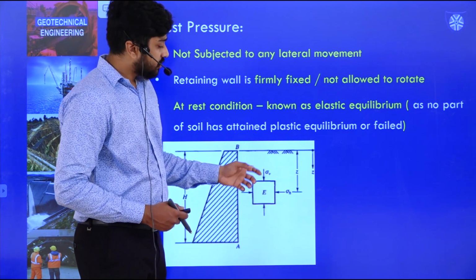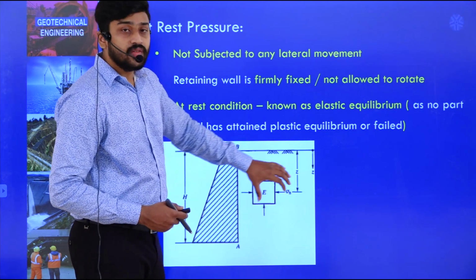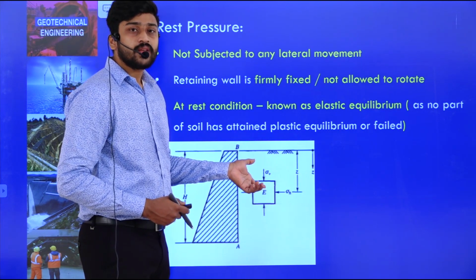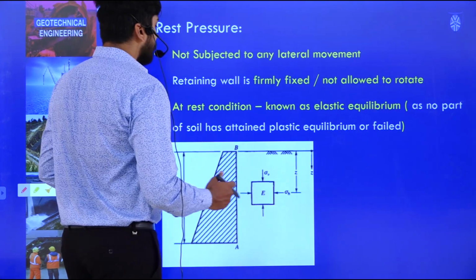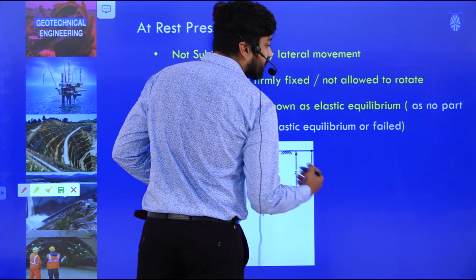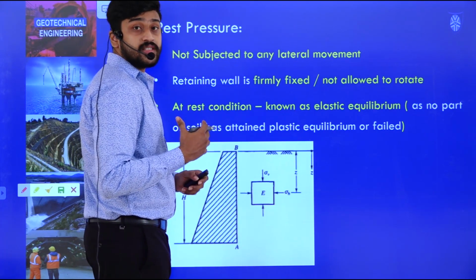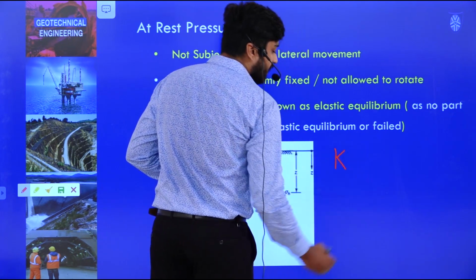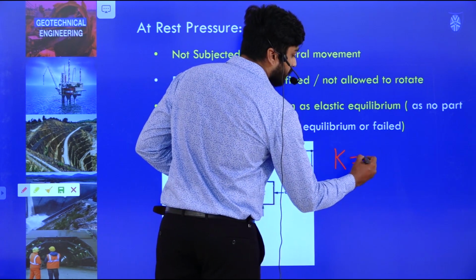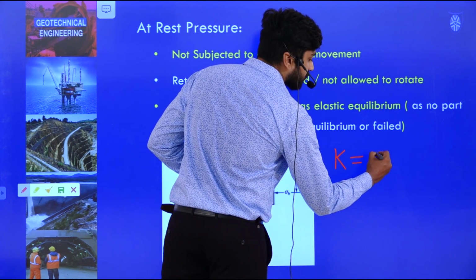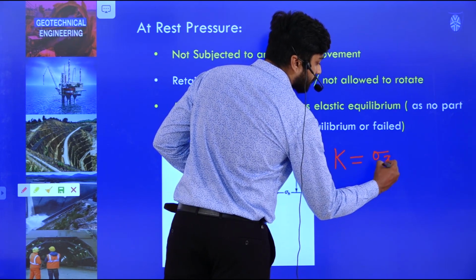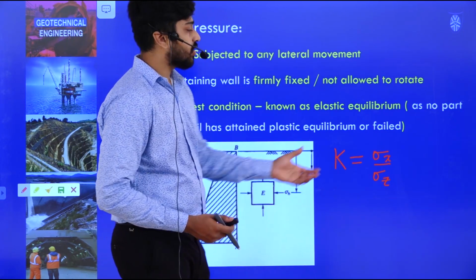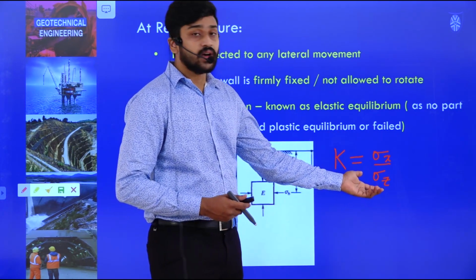There is a relation between this lateral stress and this vertical stress, which we have learnt in our earlier sections in GTE-I, denoted by a constant k, which is sigma x by sigma z, that means the horizontal stress to vertical stress.